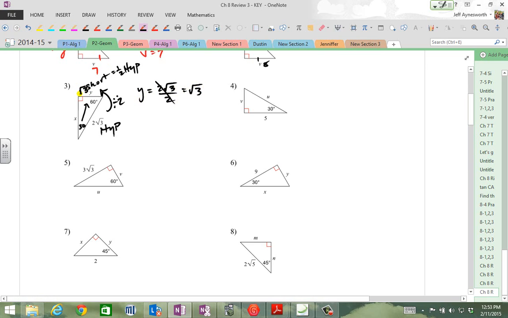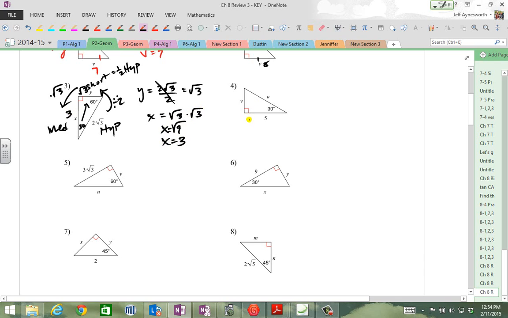So this side's root 3. And then I have to multiply it by root 3 to get to the medium length side. So x here is root 3 times root 3, which gives you root 9, but everybody knows that that's just 3. So this side length is 3.